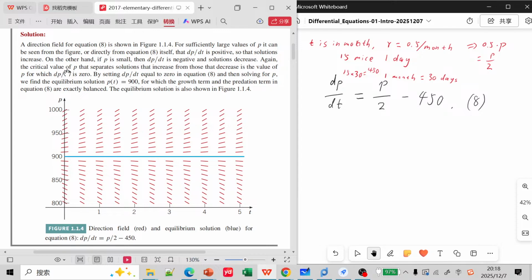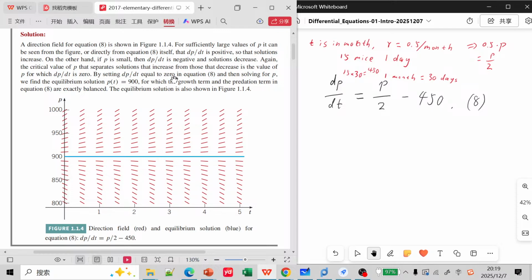Again, the critical value of P that separates solutions that increase from those that decrease is the value of P for which dP over dt is 0. By setting dP over dt equal to 0 in equation A, then solving for P, we find the equilibrium solution P of T is equal to 900.